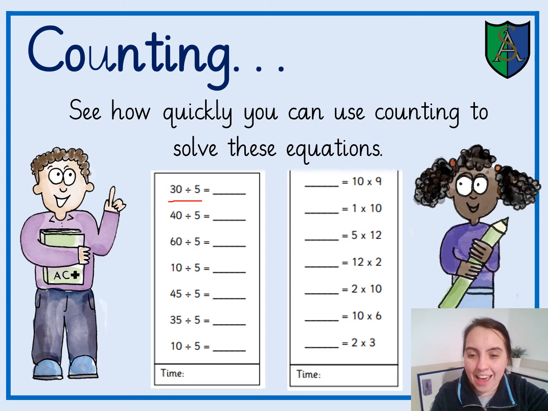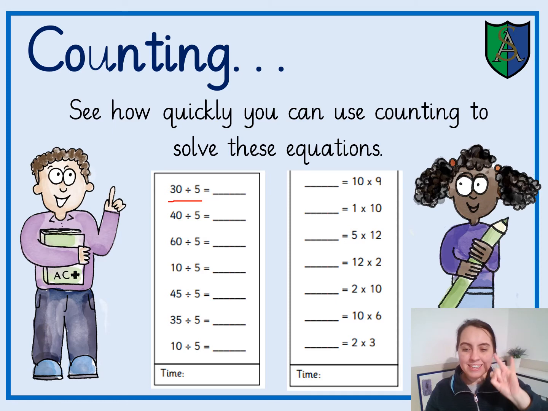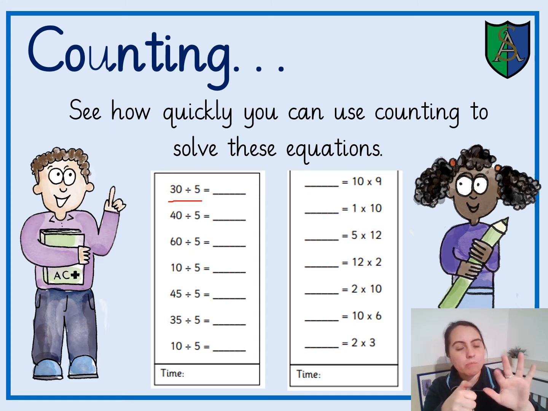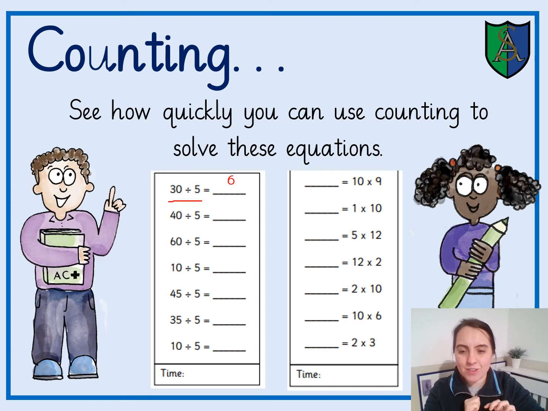Watch, let's do it together now, okay? So count with me. 5, 10, 15, 20, 25, 30. You can see I can stop now because I've got to my whole amount. I've got to 30 and I'm holding up 6 fingers. So that must mean that 30 divided by 5 is equal to 6. Okay, so I can go ahead and pop my answer in there.